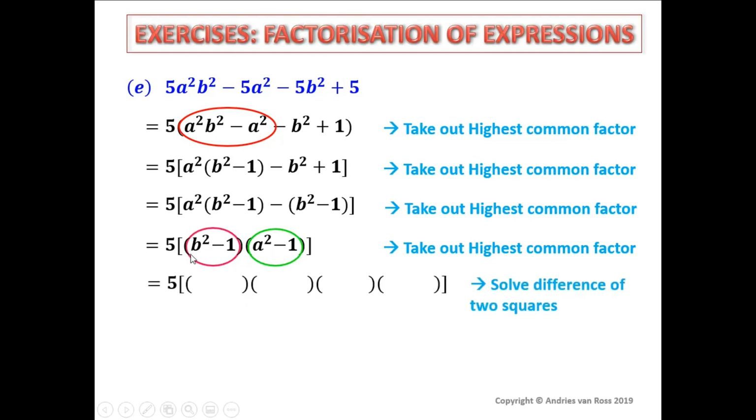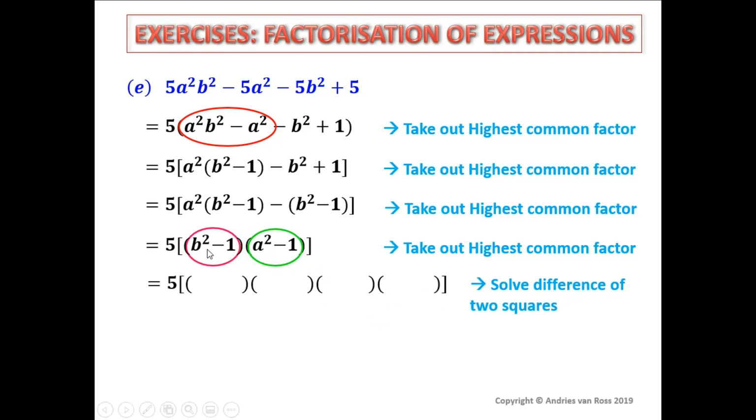For the first one, remember, we've got our big brackets and our 5 outside, which was our original common factor. Now for the first difference of two squares, we know we're going to have two brackets. And for the next one, we're also going to have two brackets. Remember, all of them are multiplied with each other.